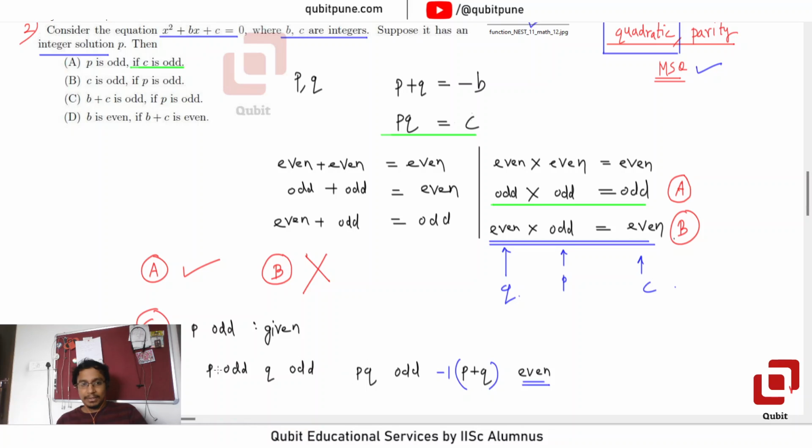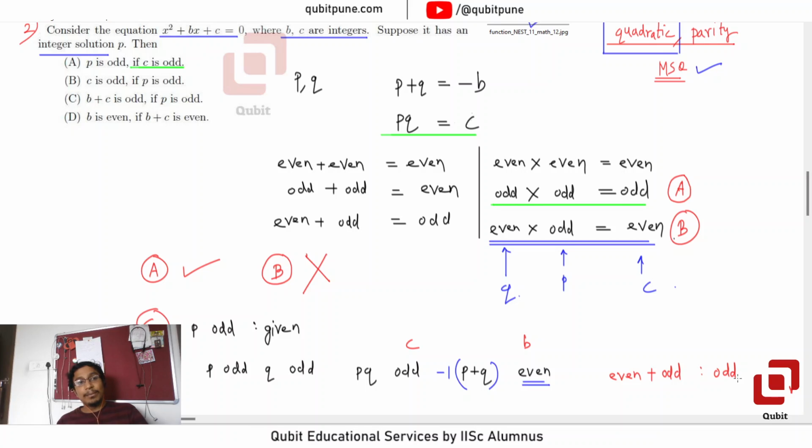Look, if P and Q are odd, then PQ, the product, is odd, so C odd हो गया. P plus Q is even, so minus this will also be even. So what can we say about B plus C? Even plus odd. Would it be even or odd? It would be odd.